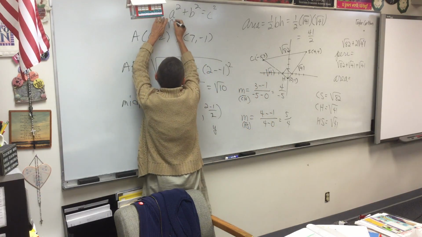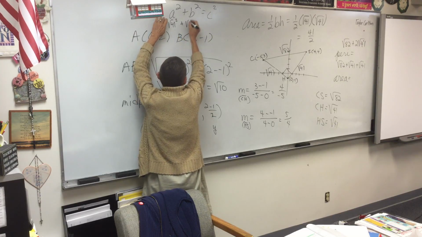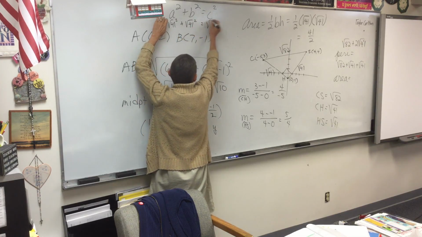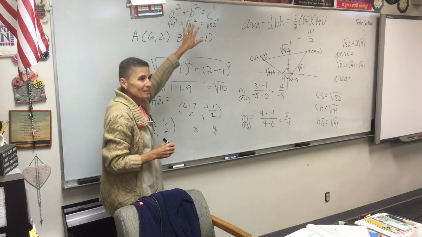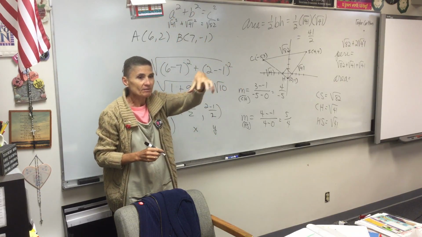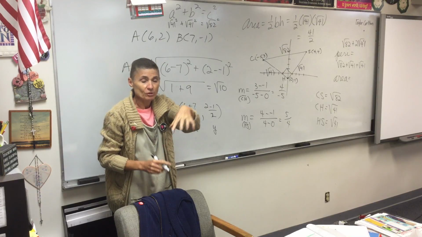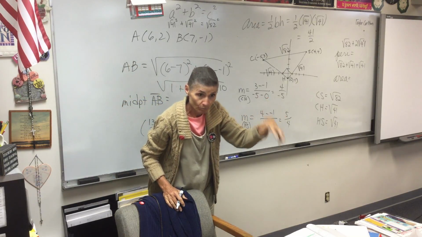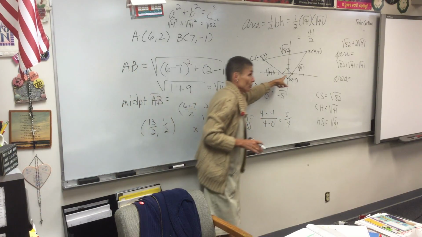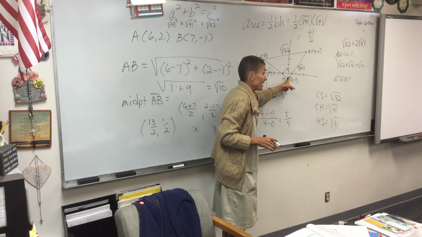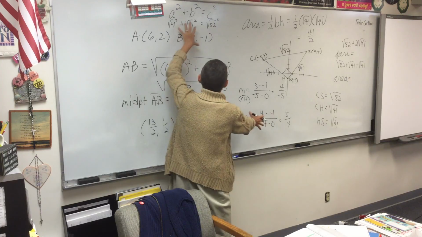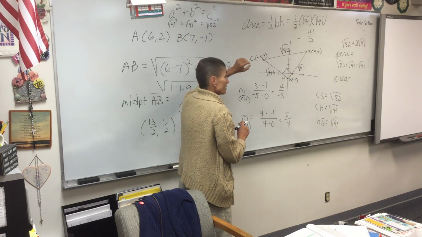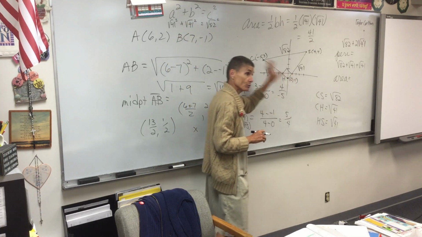So if we did root 41 squared plus root 41 squared, do we get root 82 squared? We do. If the Pythagorean theorem works, the triangle is a right triangle, and therefore you have a right angle. So that's just a different option for you. Don't do both of these things, but you needed to find a right angle. You can do it either way.